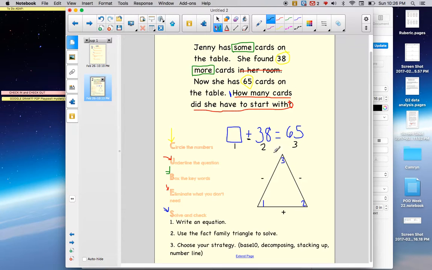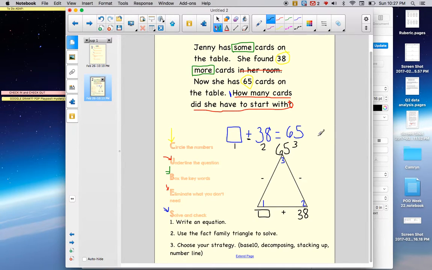Now that I have my equation labeled and my triangle drawn, all I have to do is go in and just plug in the numbers. See how 3 is below 65? So I'm going to put 65 on top. Then 38 goes with 2. And then box goes with 1.